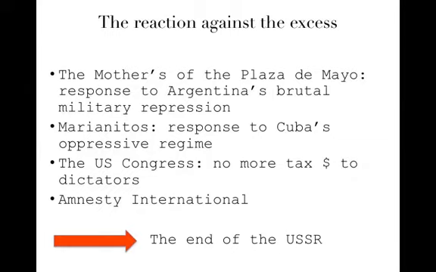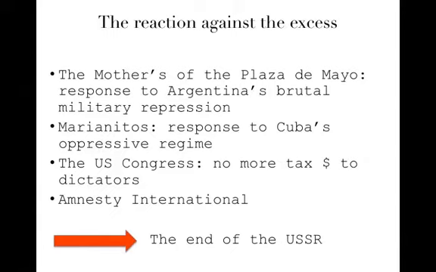And then there's the U.S. Congress, who also, being informed of the excess of these governments' power and abuse of its citizens, and recognizing how much money the United States was sending that way, started to really oppose the flow of dollars to dictators. And then non-governmental organizations like Amnesty International made more and more noise and news about the human rights abuses in countries that the United States had been supporting.